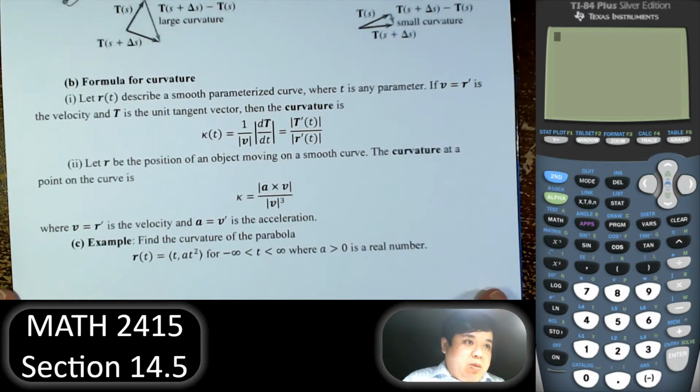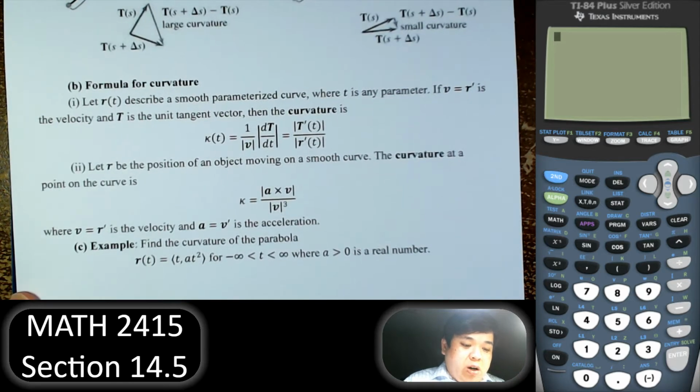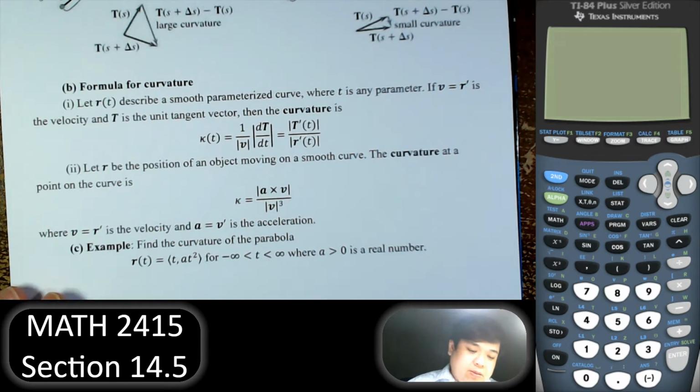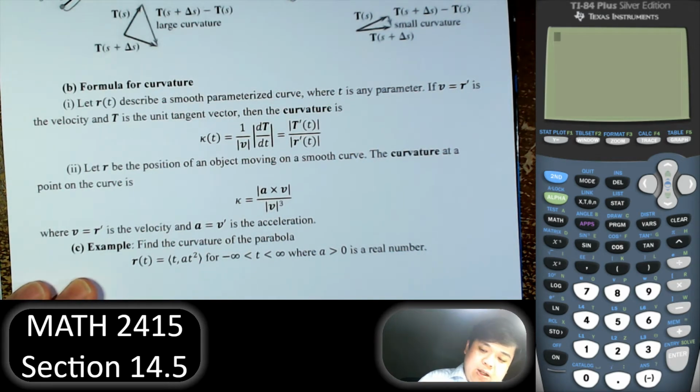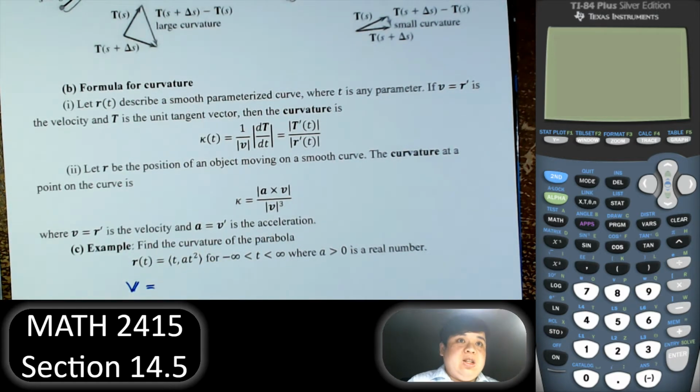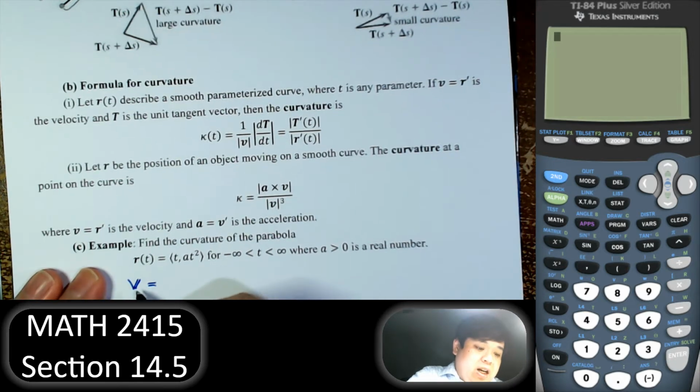Now we have a first example. Find the curvature of the parabola given like this. So the first thing we do is find the velocity vector, and then the acceleration vector. This is also a reminder about the vector notation.